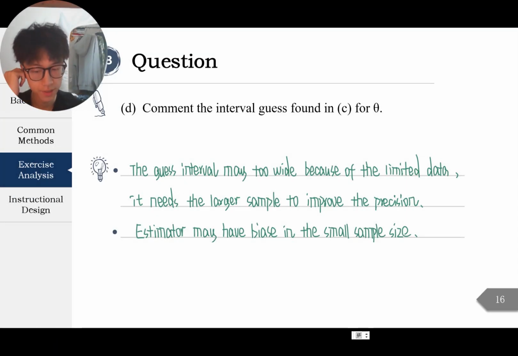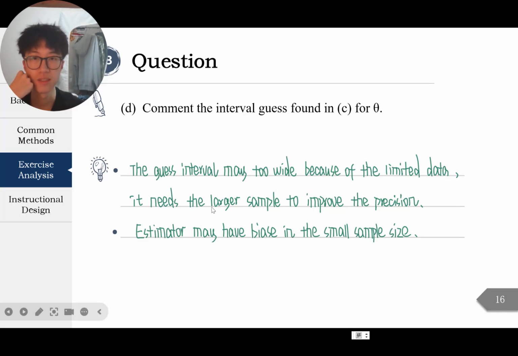Last question. Regarding the confidence interval obtained above, there may be two problems. On the one hand, the interval may be too wide because of the limited data. Yes, just 10 data points, right?